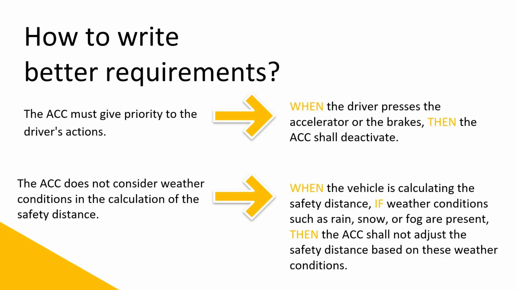Here, by using the event-driven pattern with the when, if, then structure, the improved requirement specifies exactly when and under which conditions the ACC system's behavior is applicable. This makes the requirement more exhaustive and clear by explicitly listing the weather conditions that are not considered, and it eliminates ambiguities and ensures that everyone understands the limitations of the system.